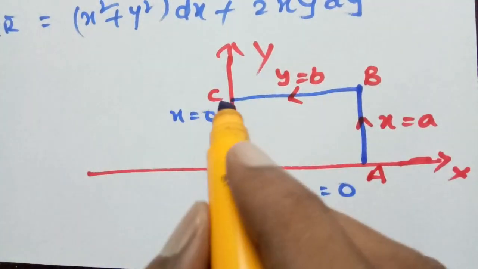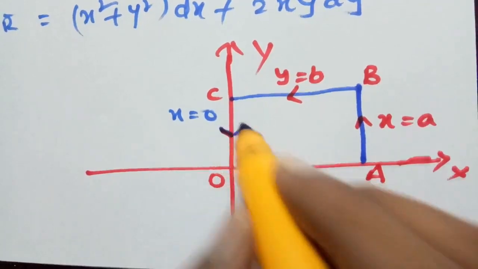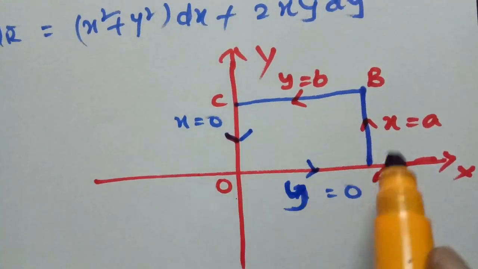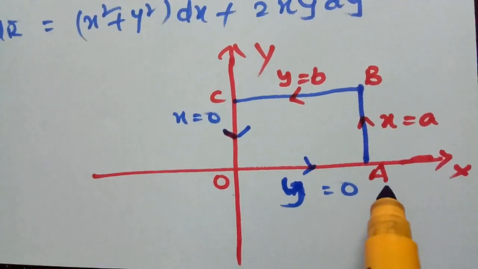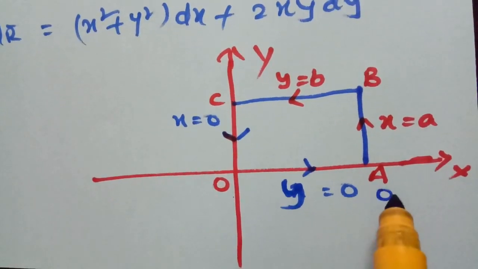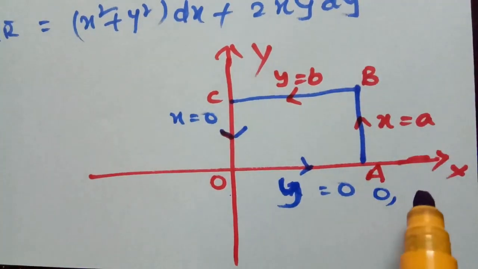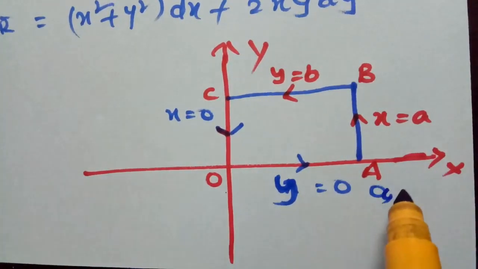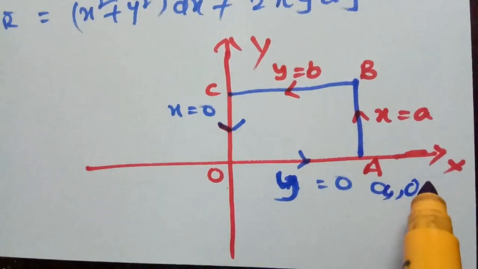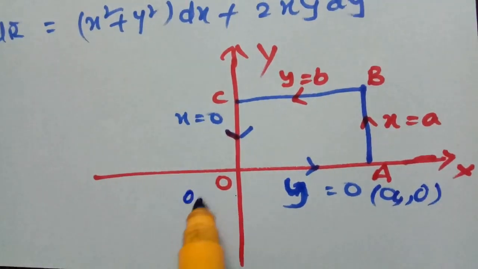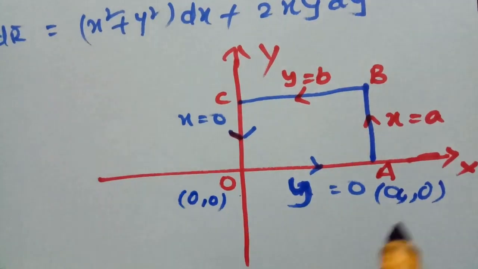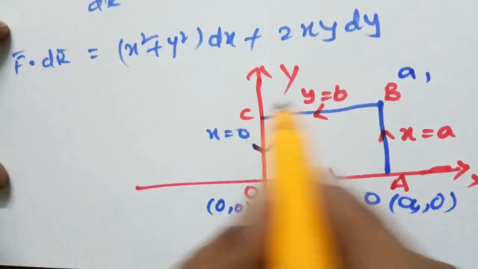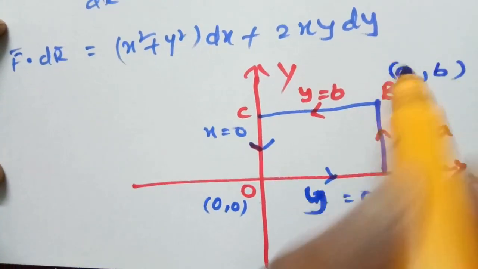Here the origin is (0, 0), and the coordinates of A are x coordinate a, y coordinate 0. The coordinates of B are x coordinate a, y coordinate b.